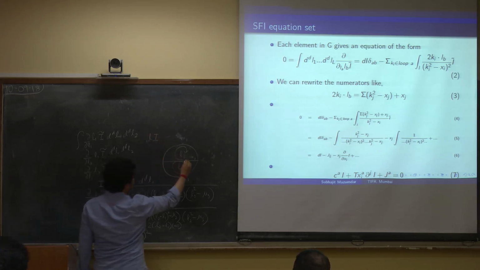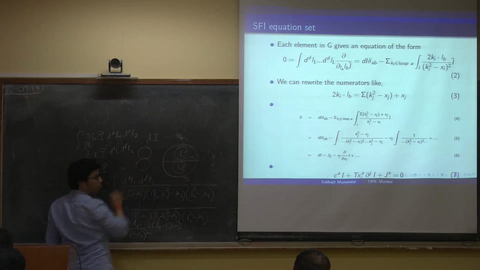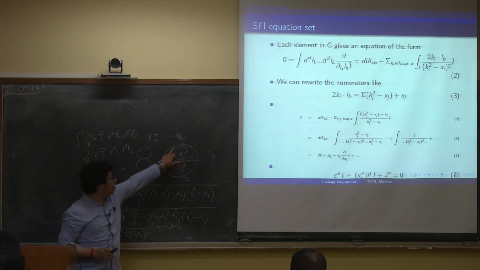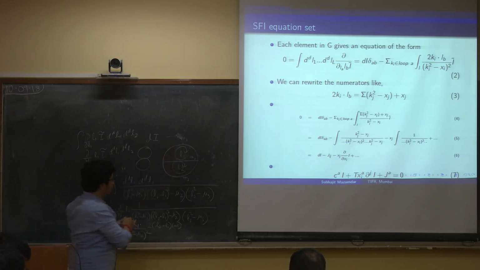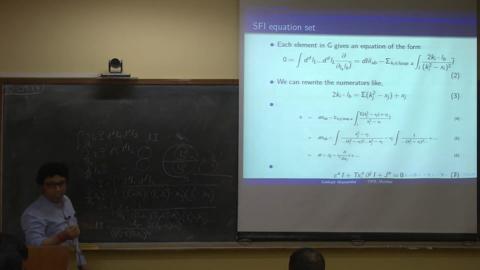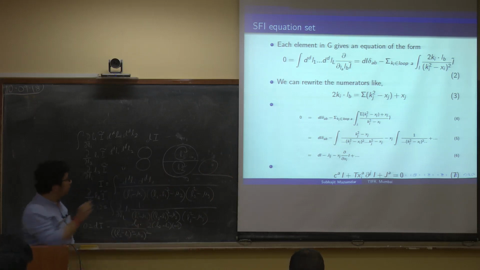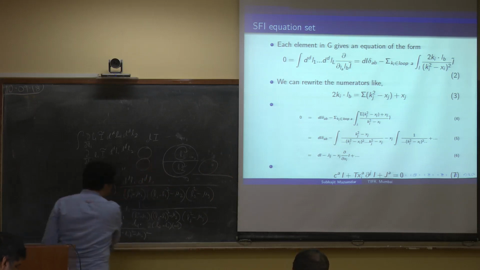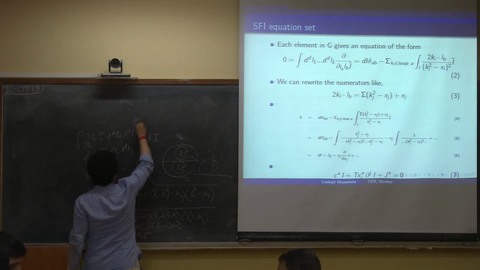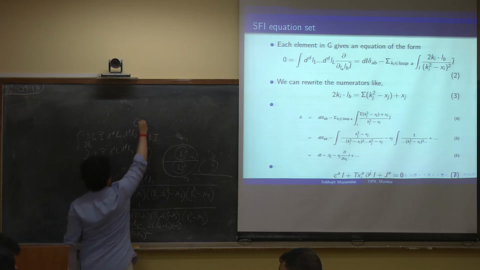The sources will be this diagram, because if you contract this propagator, it will be like this, and if you contract that propagator, it will be this thing. These are the sources of this diagram. Let me write a generic form of this kind of integrals. As there is a set of integrals, I am giving it an index.